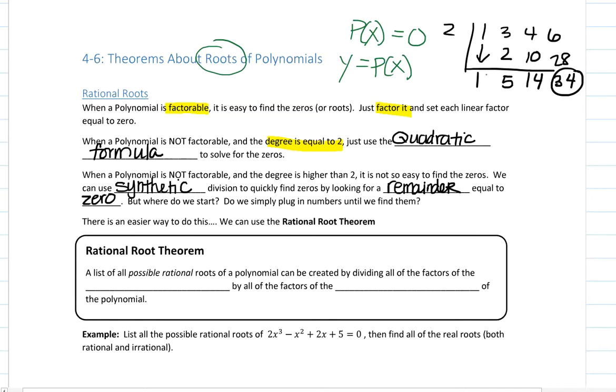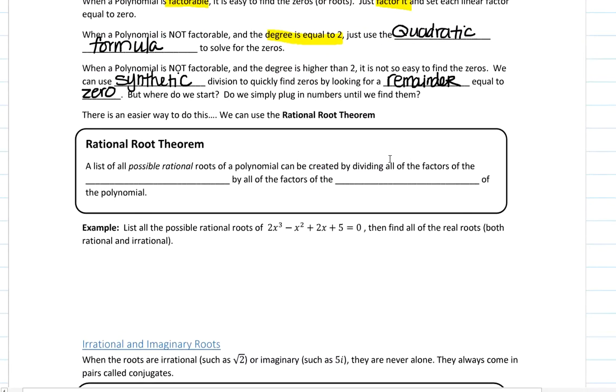So we could just try numbers until we get that, but that's not very efficient. There's a lot of numbers, and we can't just randomly hope that we're going to pick one. So there's an easier way to narrow it down, and that is to use something called the rational root theorem. The rational root theorem is a way of creating a list.